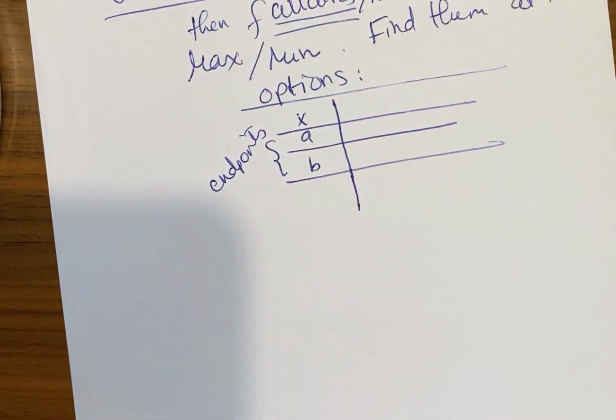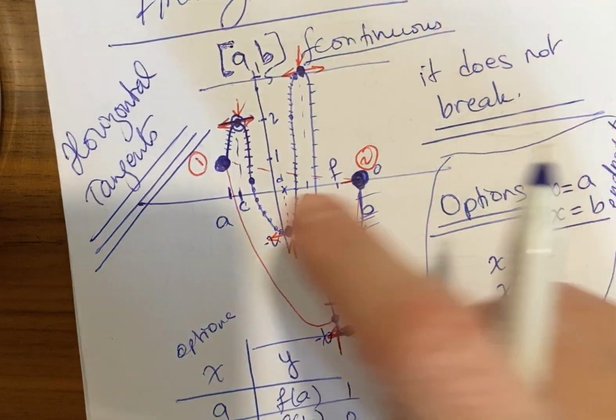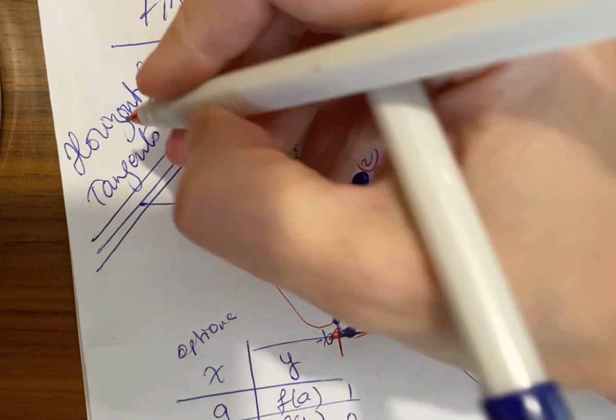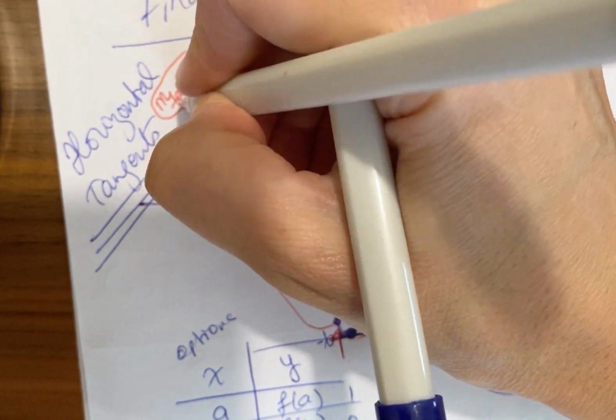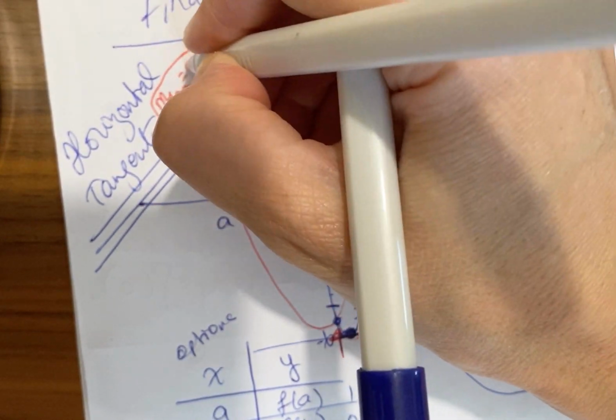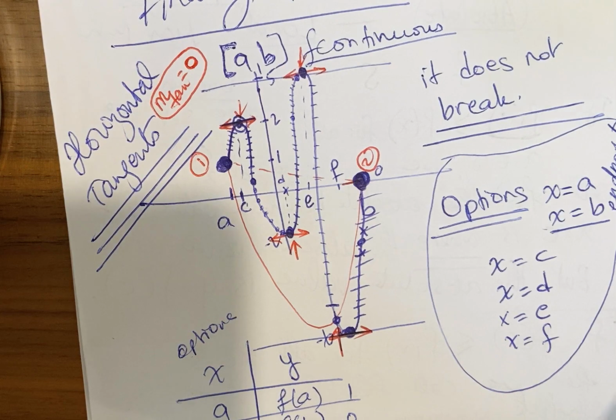What is special about horizontal lines? Who can tell me what's special about horizontal lines? Horizontal lines have slopes equal to 0. That's one.